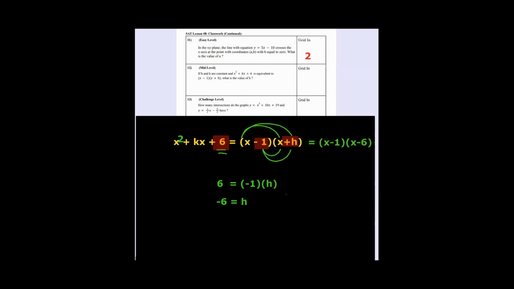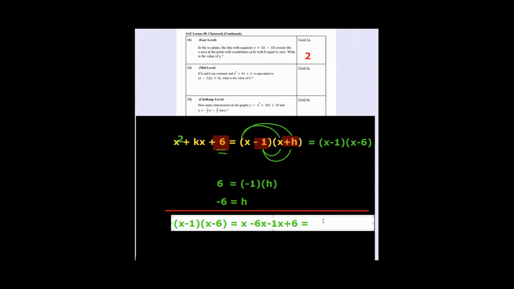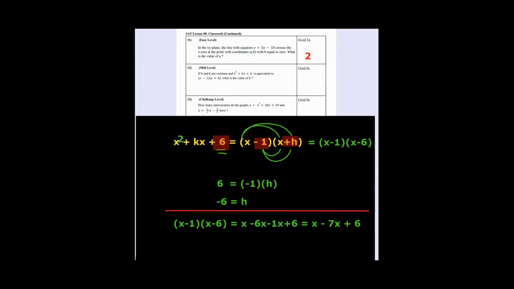Then we can now use FOIL on the factored form to find out what the middle term is for k. And if we do that, we have x minus 1 times x minus 6 equals x squared minus 6x minus 1x plus 6, which means that the equation really is x squared minus 7x plus 6.